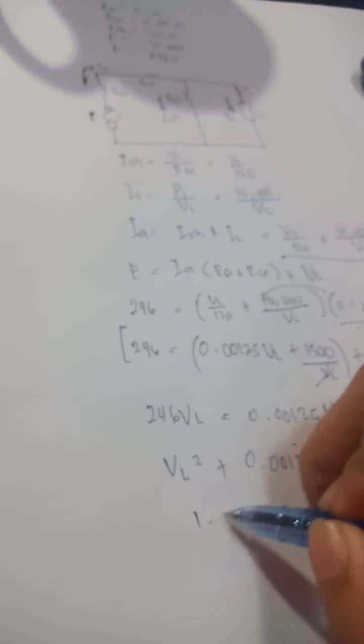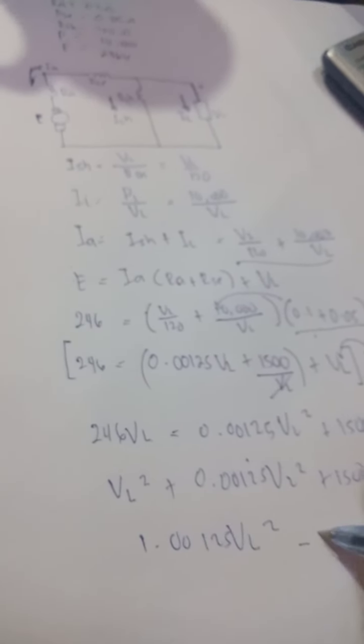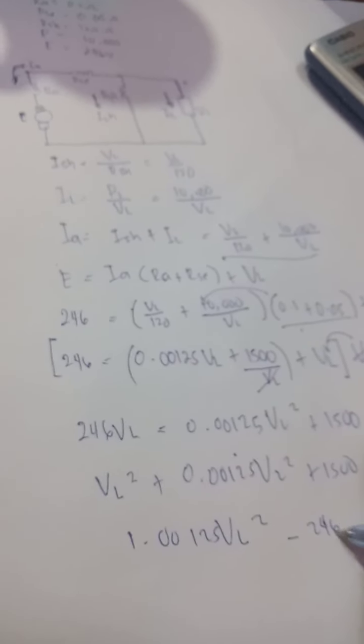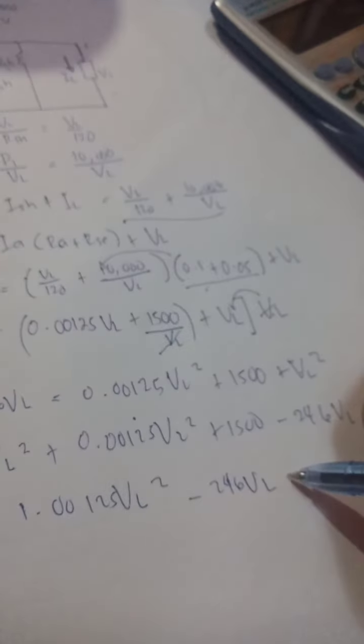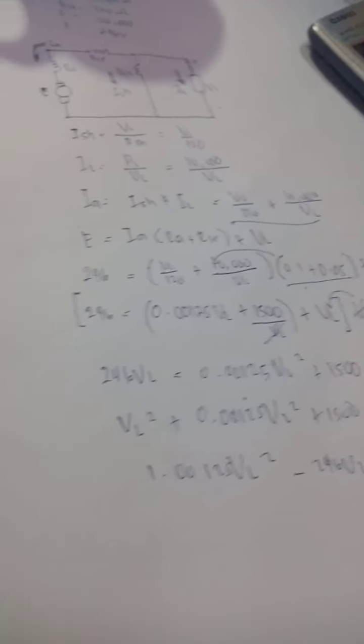So that's 1.00125 VL squared minus 246 VL plus 1,500 equals 0.